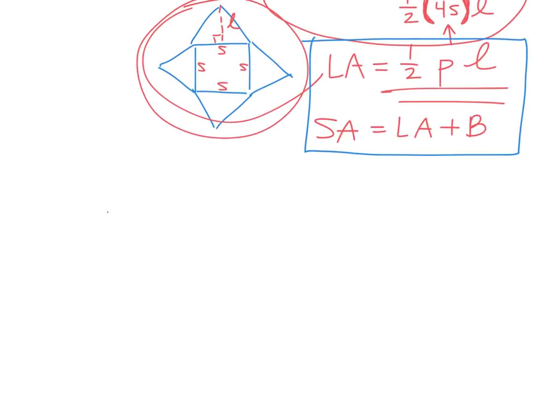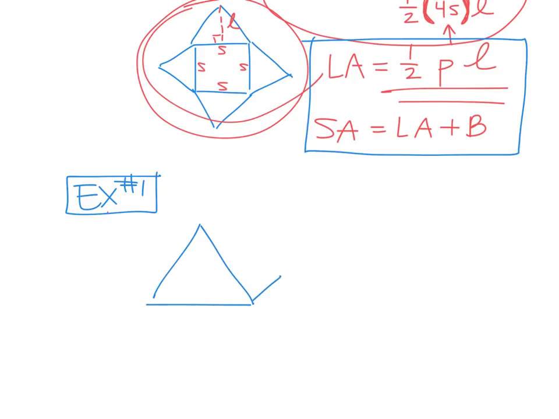Okay, so let's do a couple. First example. We're going to do a square pyramid, where this is 8 centimeters, and this is 12 centimeters.